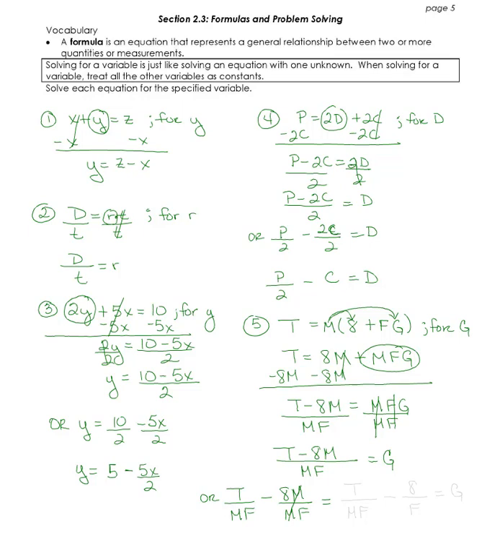So T all over mf minus 8 over f equals G. There you go. Any questions with this, the little equations?